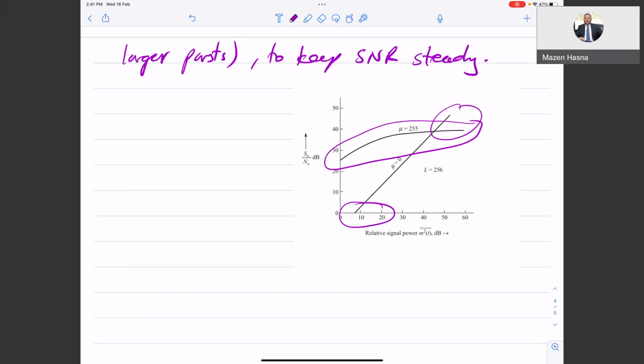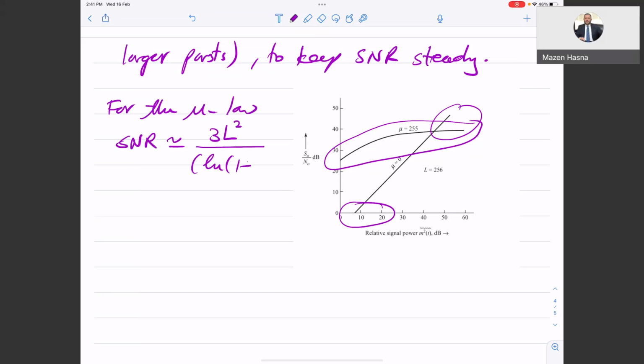So you boost your signal at the low ranges, and you don't really harm the large ranges because you already have a good signal quality there. The signal to noise ratio in this case, for the mu law, is 3L squared over ln(1 plus mu) squared. So this is roughly the resulting signal to noise ratio.